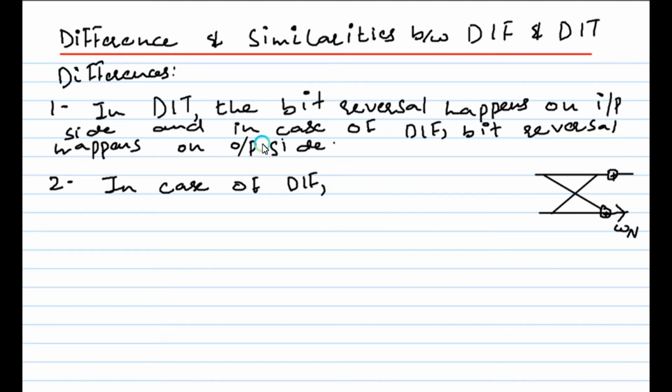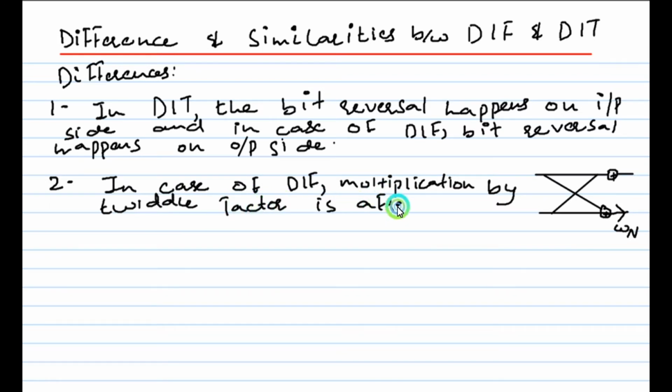So in case of DIF, multiplication by the twiddle factor is after this summation, after addition, or I can say subtraction. Fine.